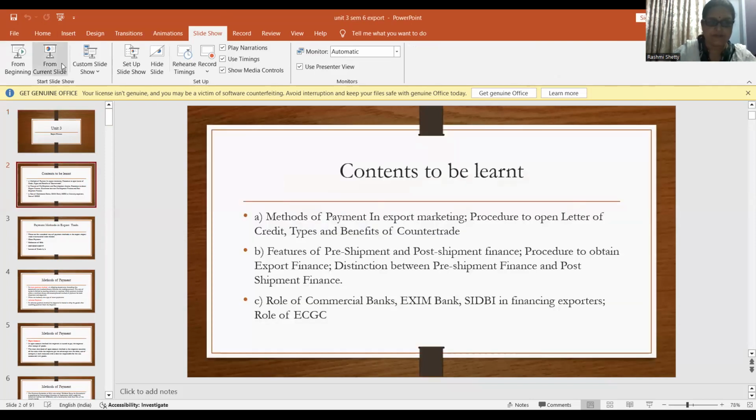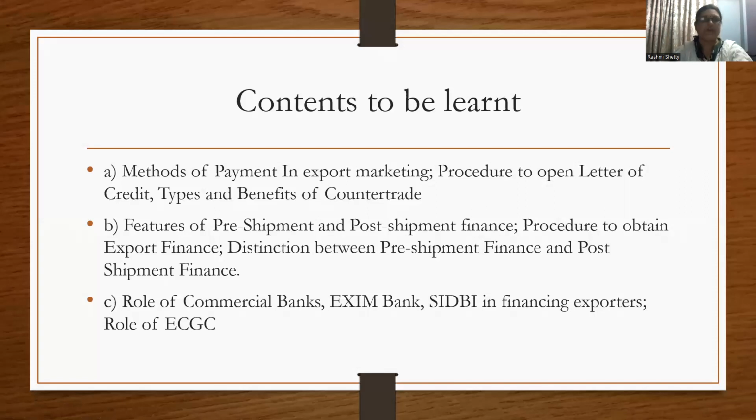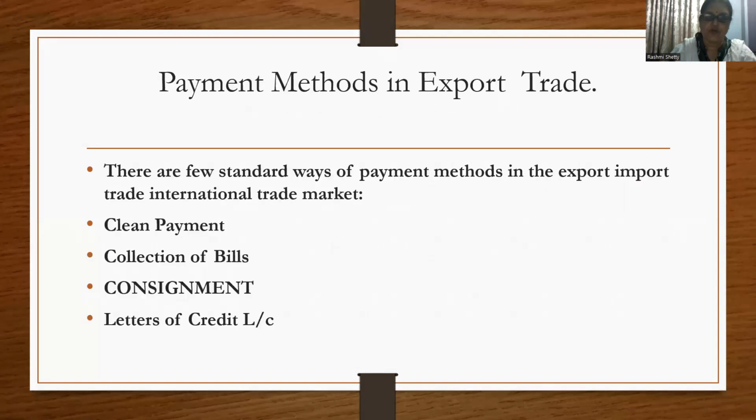In this unit, we are going to study the following contents: methods of payment in export marketing, procedure to open a letter of credit, types and benefits of counter trade. So, let us study what are the normal methods of payment that are followed in export trade.